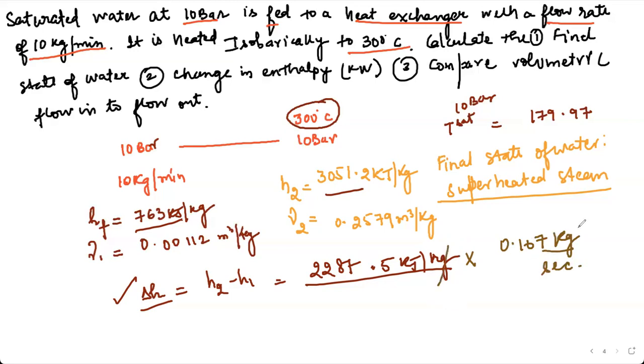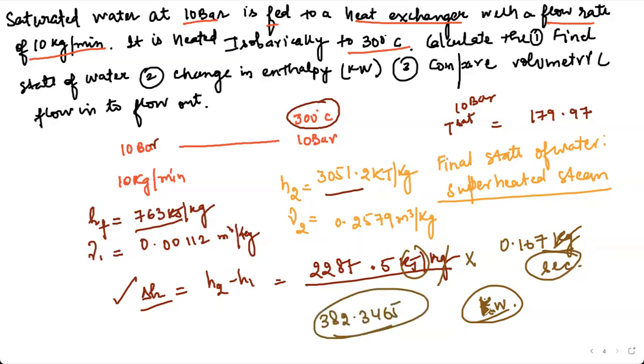Kilojoules cancels with kilojoules, leaving kilojoules per second, which is kilowatts. Joule per second is watt, and this is kilowatt. The value is 382.3465 kilowatt.